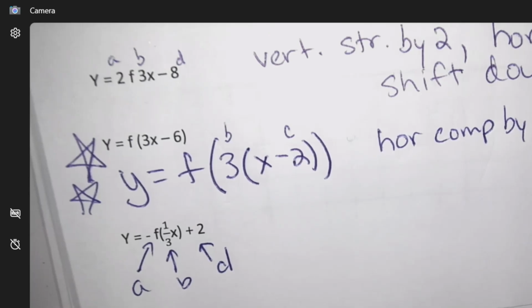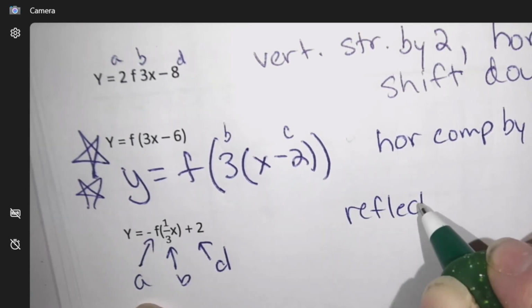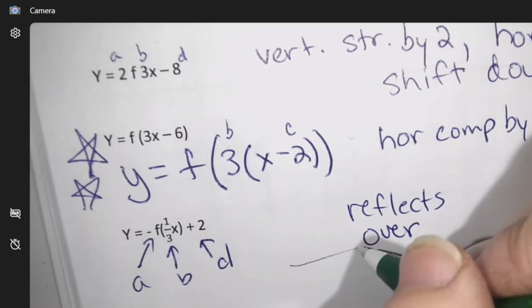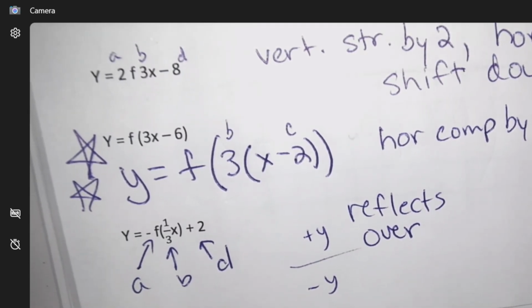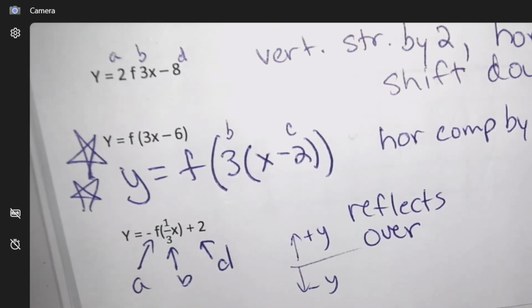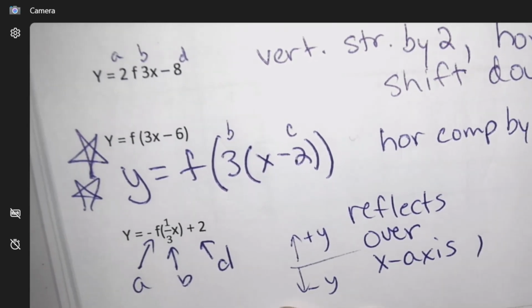Do you want to write reflects over a certain axis? How does it reflect? You're changing Y. You're negating Y. So that's a reflection over the x-axis.